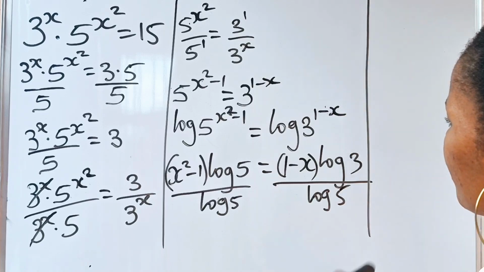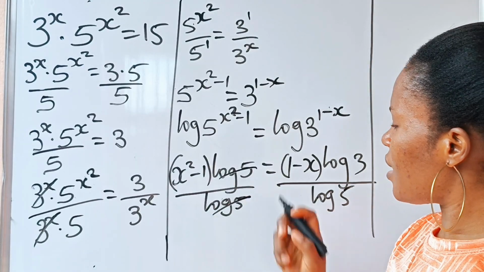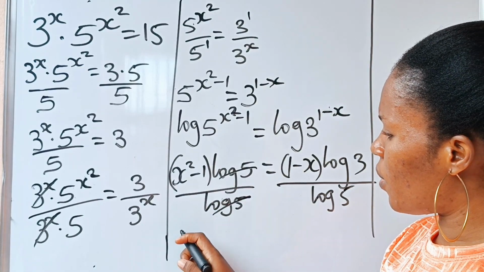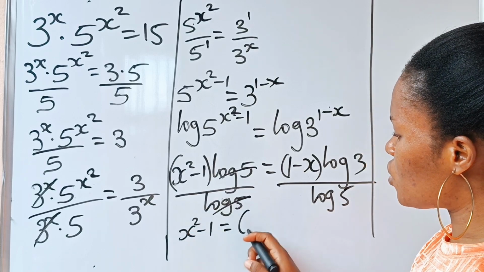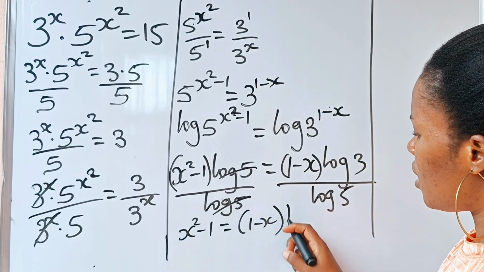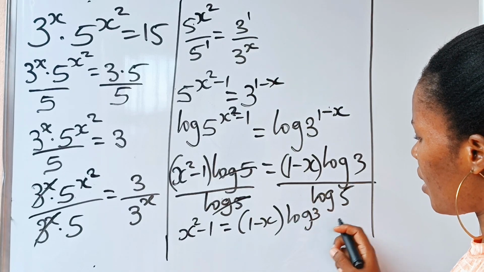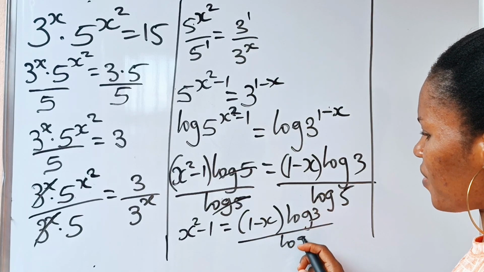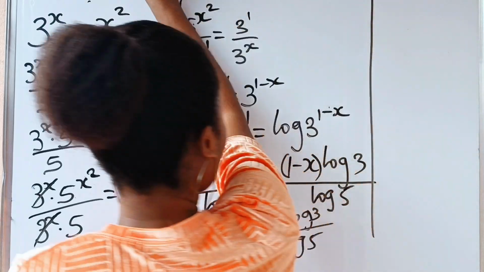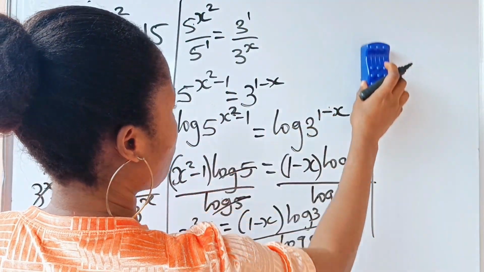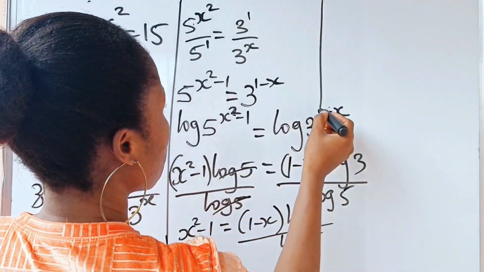Now this is going to cancel this, and we have x squared minus 1 is equal to 1 minus x times log 3, everything divided by log 5. I don't know if you can still see here, but let's just continue from this side. I'm going to start drawing my line from here.